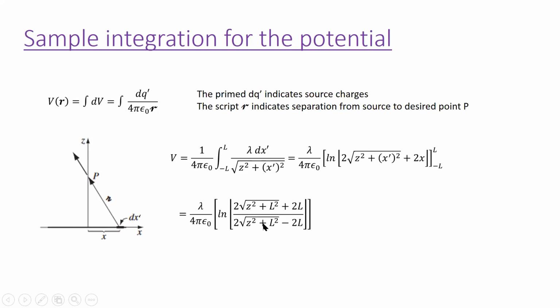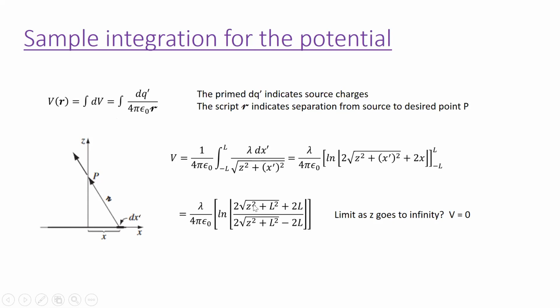Okay, not a beautiful expression, but one thing we can check is whether our initial assumption was right, that the electric potential should be 0 at infinity. So as z goes to infinity, do we get V equals 0?